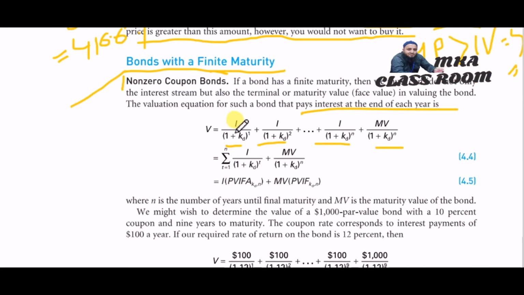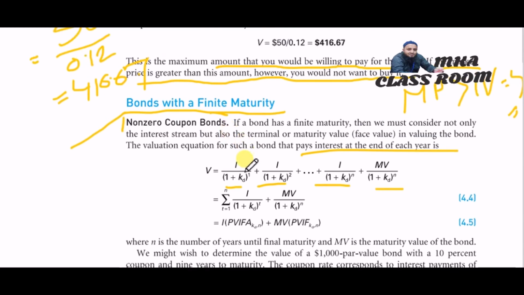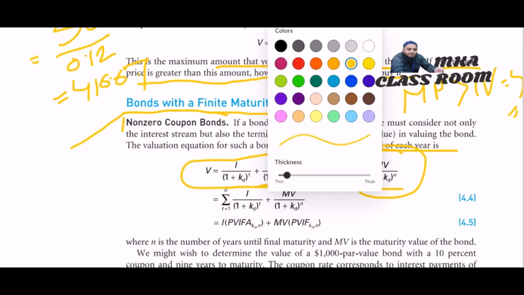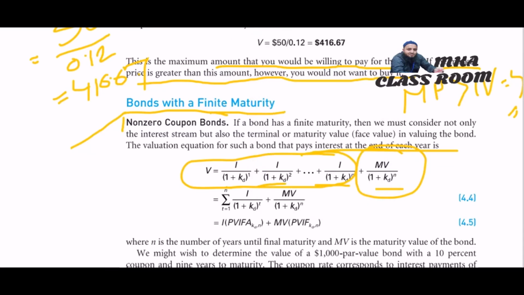So this interest payment or coupon payment should be equal for each year. That's why that is an annuity. So these portions are an annuity, and this is the value at the end of the maturity period. That should be counted as a present value, and this portion should be the present value of the annuity.